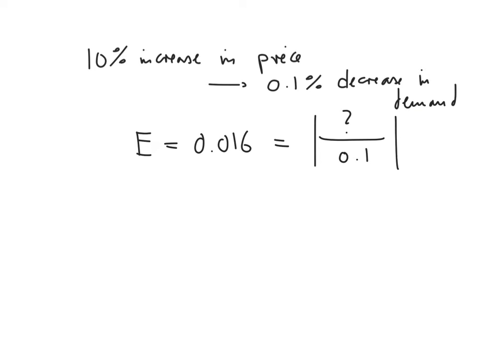You know the elasticity from the formula before, so you can then compute the percentage change in demand. Depending on whether you're increasing or decreasing price, it will be a decrease or increase respectively.